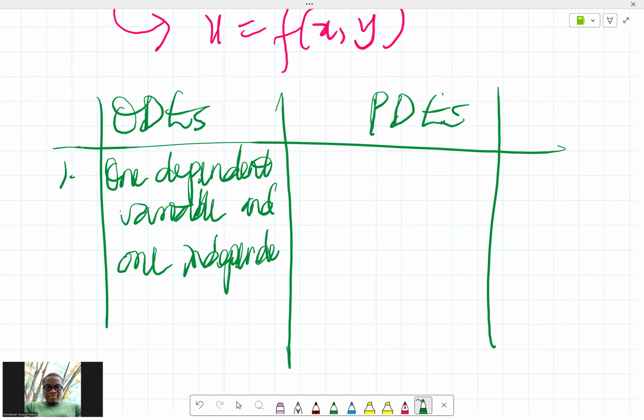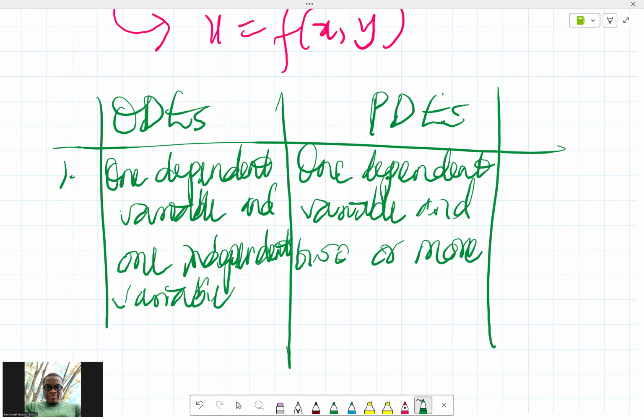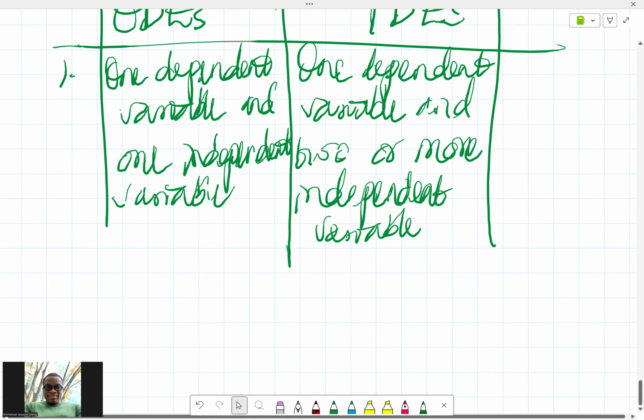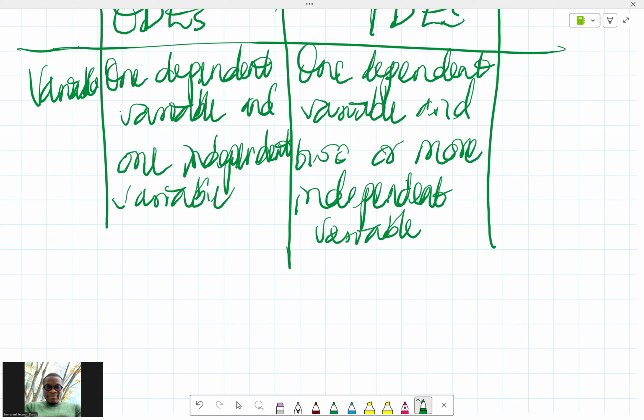For partial differential equations, we have one dependent variable and two or more independent variables.